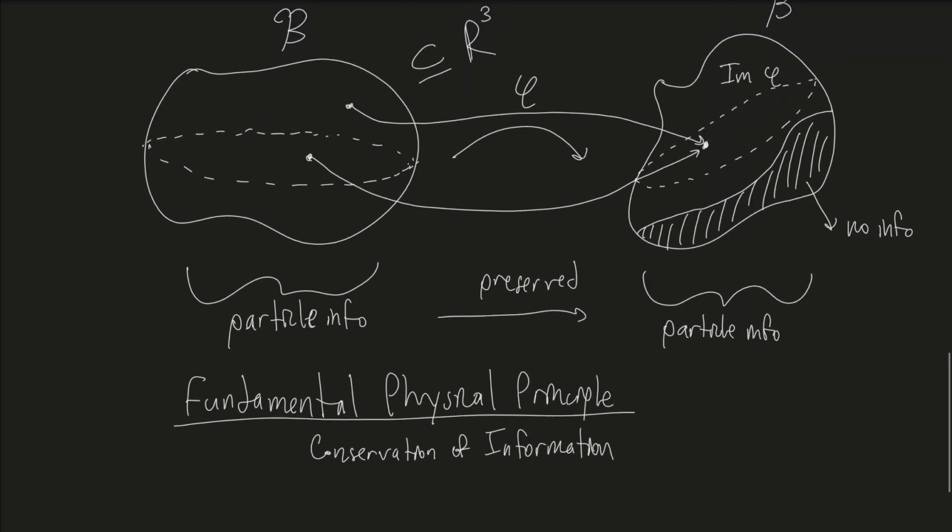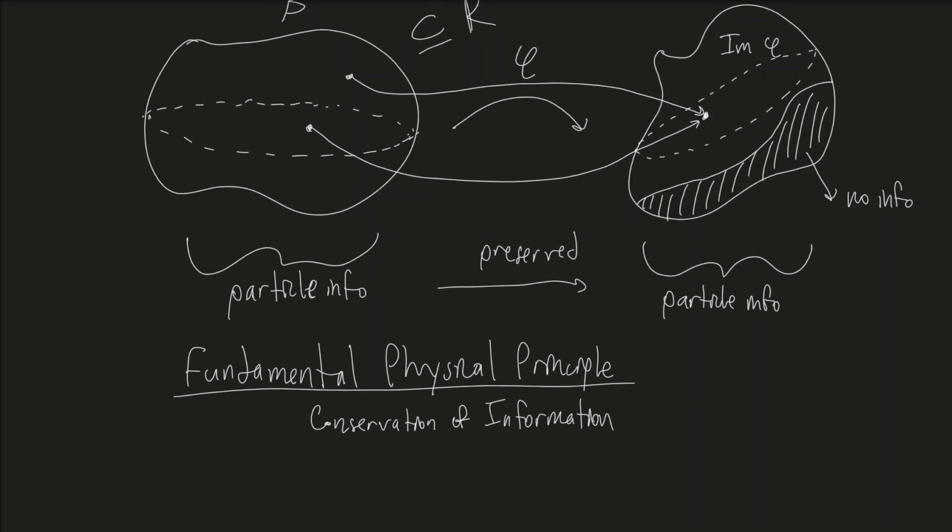If you remember, we said that if a function is both injective and surjective, we call it bijective, right? So what this means then is that if phi is not bijective, then information is not conserved.